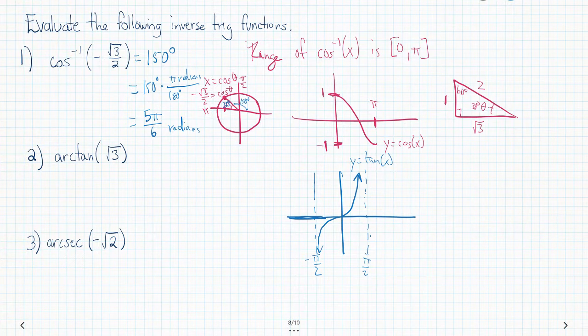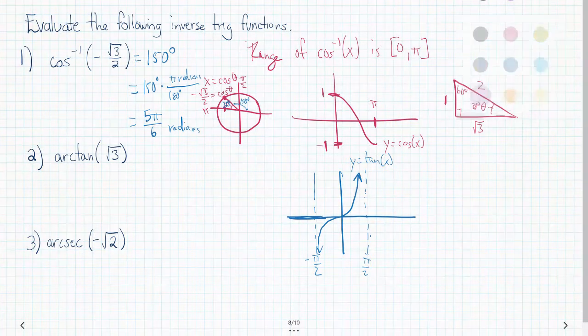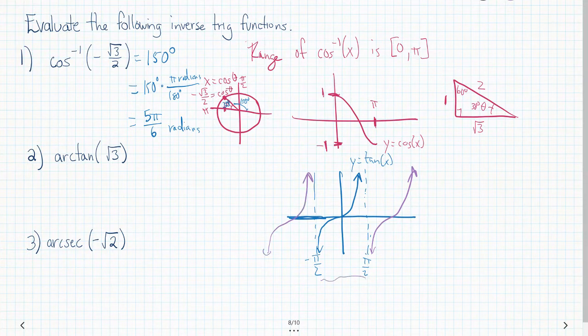So in this case, what we can think of is this is our restricted domain. In the rest of the graph, and I'll put in the other pieces, you can put them in purple, it just basically repeats itself over and over again. But what we do is restrict the domain. So this is our restricted domain. Okay.